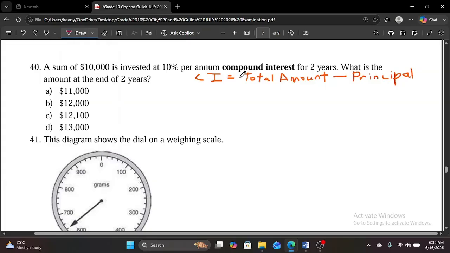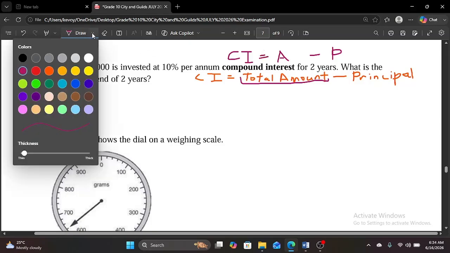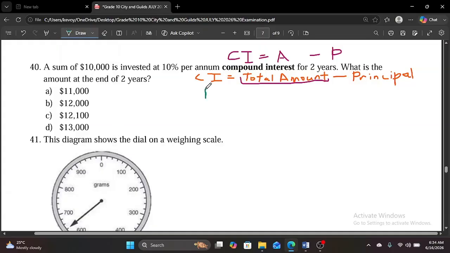We're going to find our total amount, which is normally written as A. Our principal is normally written as P, so compound interest is A minus P. This is how we normally find compound interest. To find A, we use this formula right here.